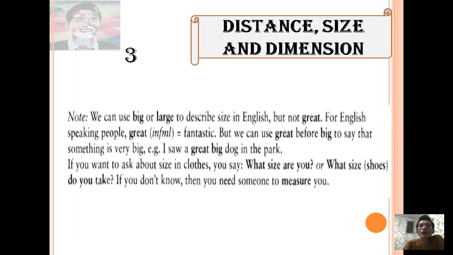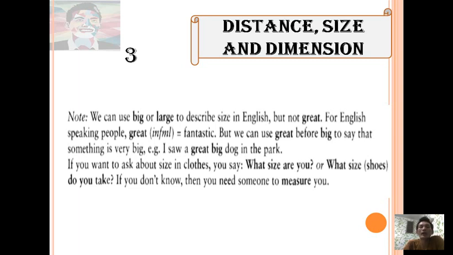But we can use great before big to say that something is very big. Example, I saw a great big dog in the park. But don't say it is a great dog. You are able to say it is a big dog.